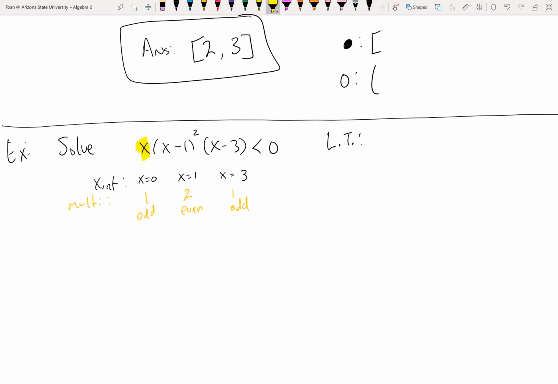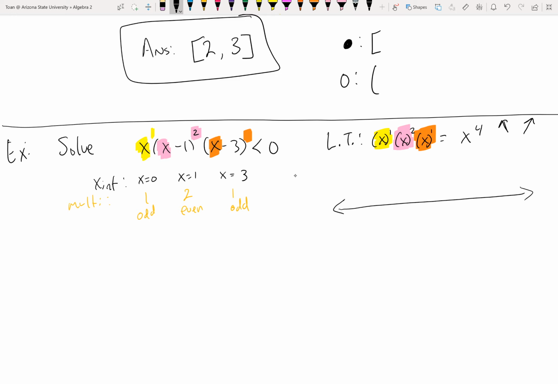So I need to multiply the x with its exponent of 1, this x with its exponent of 2, and this x with its exponent of 1. So that gives me x to the 4th power, which, knowing our polynomial end behaviors, tells us that the graph will go up on either side. So I can do my sign diagram.